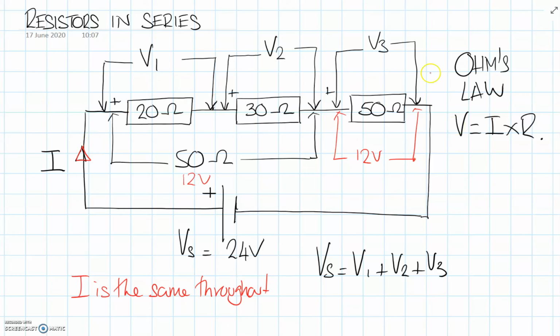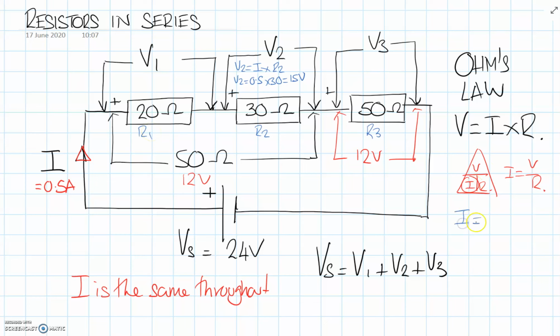So if we've got 12 volts across V3, then using the Ohm's law triangle, so V here, we're going to find out the current I, so it's V over R. So to work out the current flowing through the 50 ohm resistor, so we could call that R3. So just for labelling purposes, R3, R2, R1. So each resistor's got an identification. We can work out the current now.